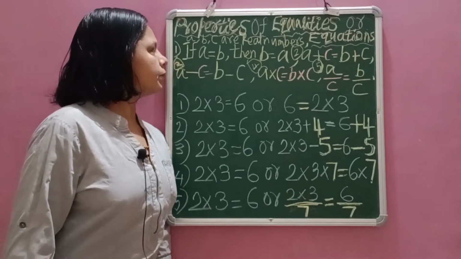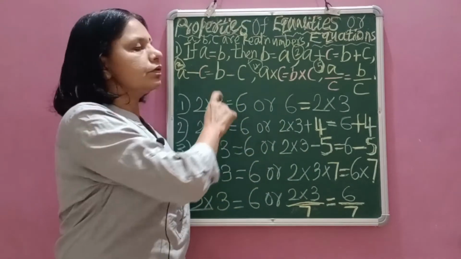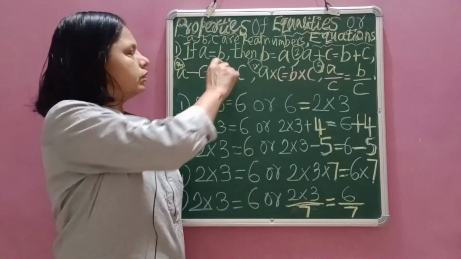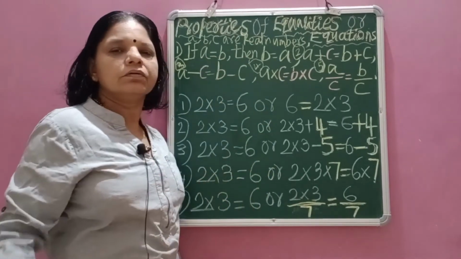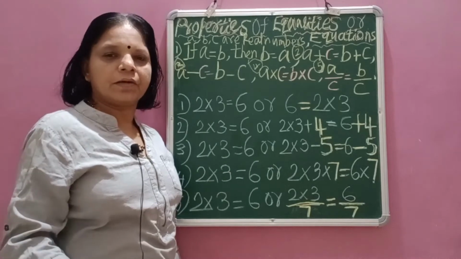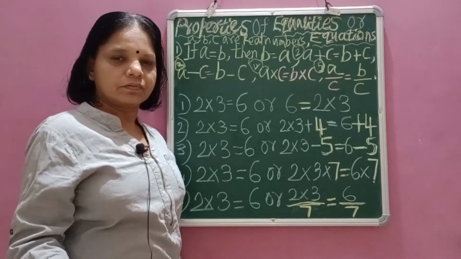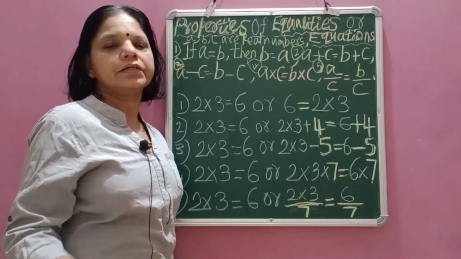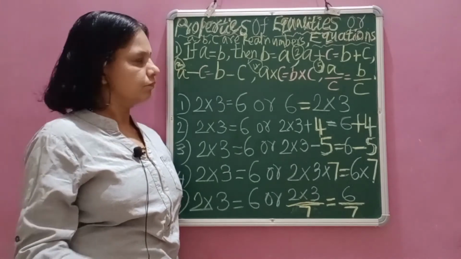Then the first property is that if A equal to B, it is an equality or equation, then B equal to A. What happened? LHS and RHS interchanged. Then also the value of the equation is unchanged. If A equal to B, then B is equal to A.